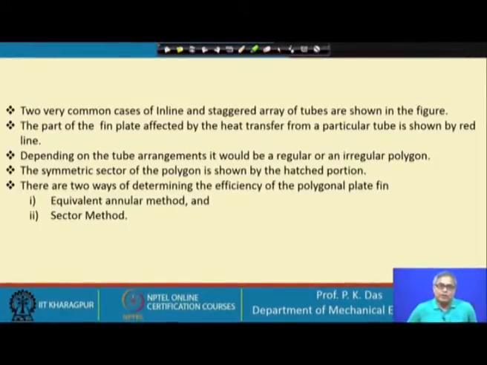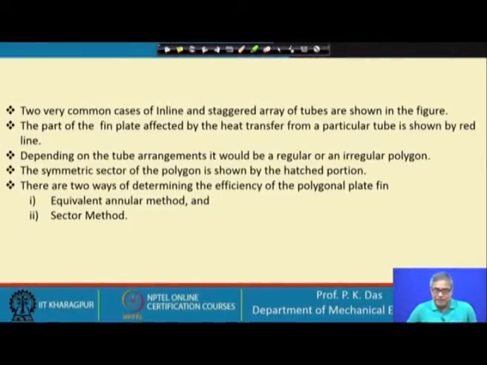So, if it is a two dimensional fin, then from the tube the thermal energy will spread in the fin by conduction, and this will be restricted within a zone. So, that zone is shown by red line. As we will see the diagram, it will be clear.